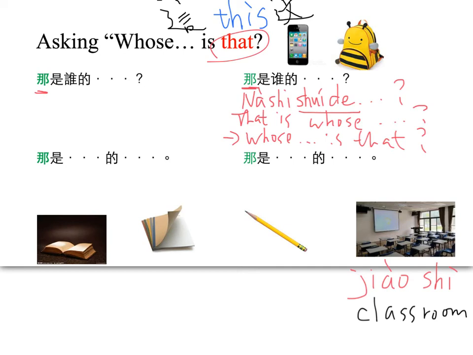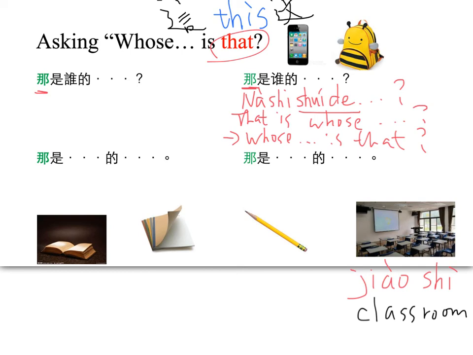So how do you ask that question? 那是谁的手机？那是 that is, 谁的 whose, 手机 cell phone. And you want to say, oh, that's Steve Jobs'. How do you say that? Easy. All you need is to replace 谁的 with Steve Jobs' name by saying 那是.